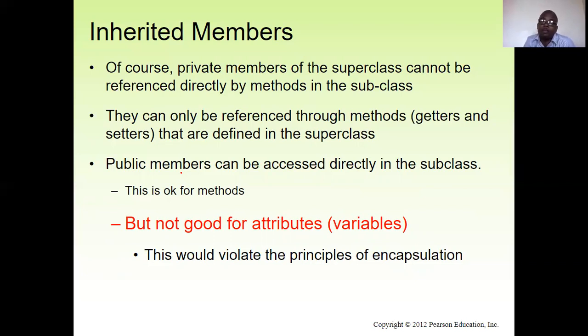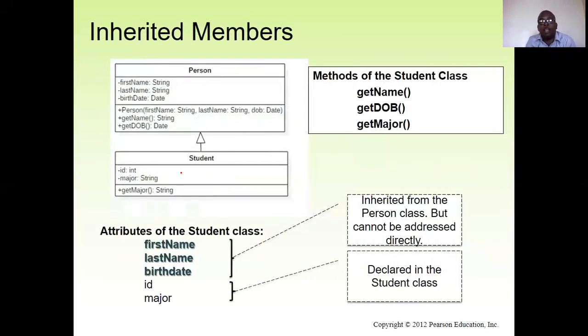Now, public members can be accessed directly in subclasses. This is okay for methods, but not good for attributes. All right? Because, of course, this would be violating the principles of encapsulation. And so, let us look at this example then. So remember we just drew the diagram to show person and student. The methods in the student class would have been get name, get DOB, and get major. But think about it. If you look at my example here, you realize that only one method is there.